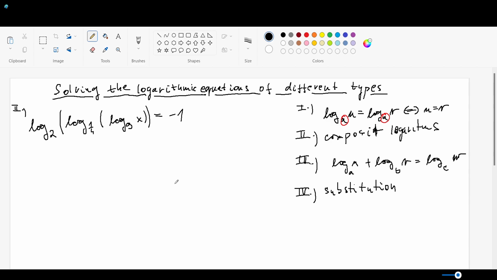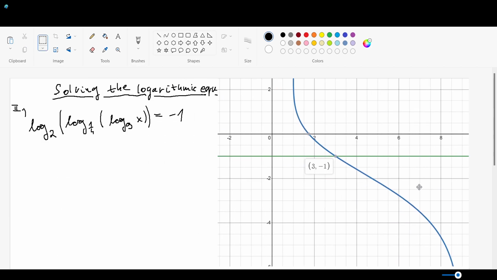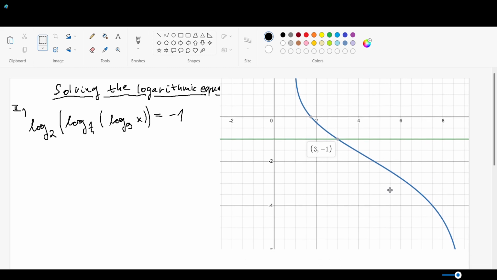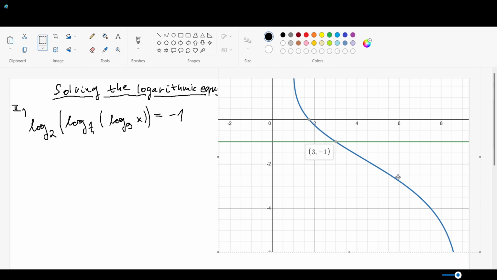So basically, to solve this equation, it means that you are looking for the intersection of the function on the left side, which is represented by the blue line in this screenshot from the functions, and the green line is represented by the constant function when y is equal to -1, and you are looking for this intersection, as you can see in this picture which I pasted here.